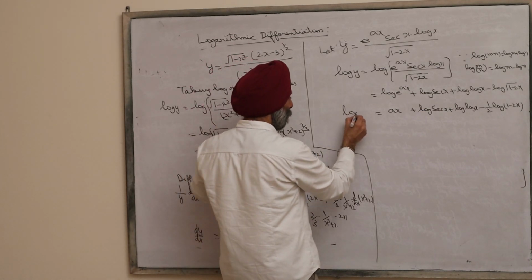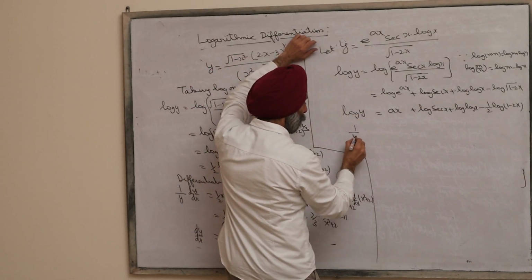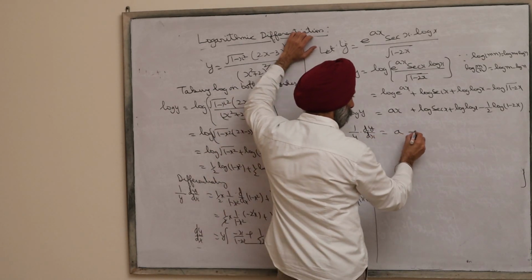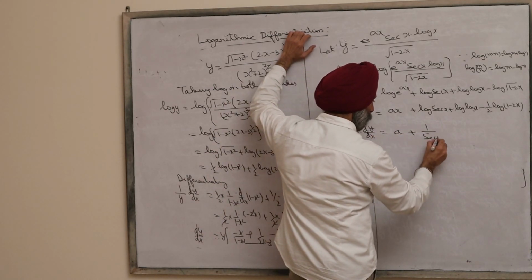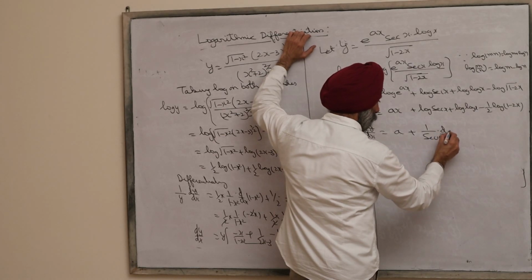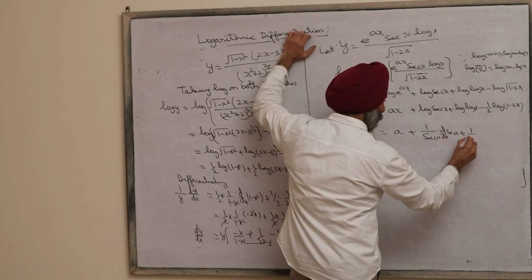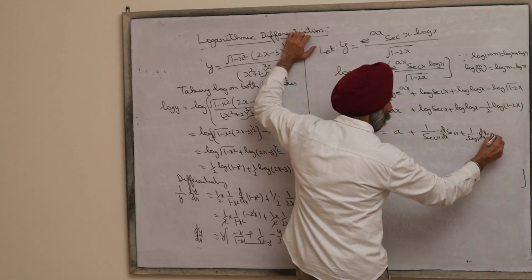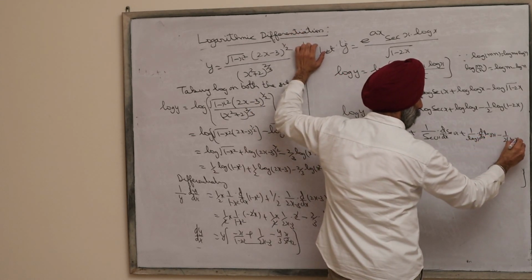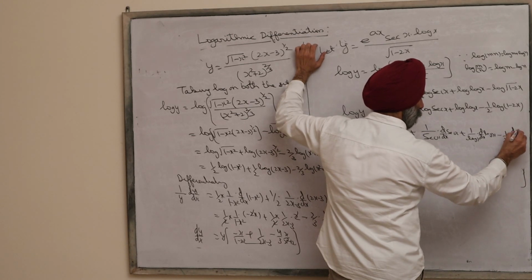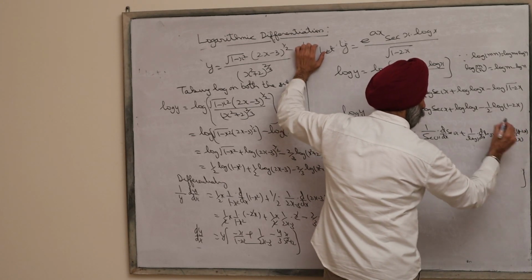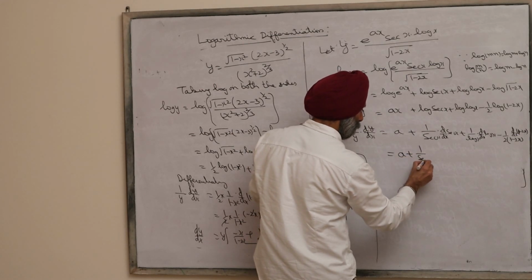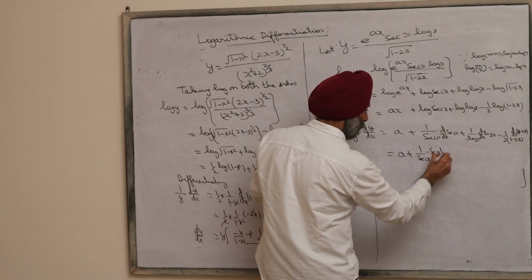So if you differentiate now both the sides, we have 1 over y into dy over dx. This is equal to a plus 1 over secant x into the differential of secant x, plus 1 over log x into the differential of log x, minus 1 over 2 into 1 minus 2x into the differential of 1 minus 2x. So what is that? It is a plus 1 over secant x into secant x tan x.